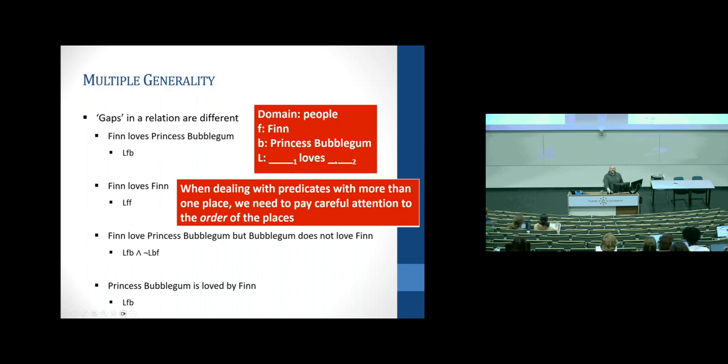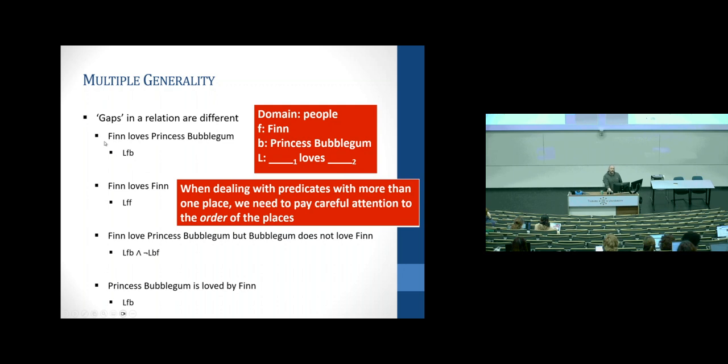Then the second one occupies the second space. So in this case, taking our first sentence, Finn occupies the lover position, and Princess Bubblegum occupies the beloved. Finn sends the affection out, Princess Bubblegum takes the affection in.